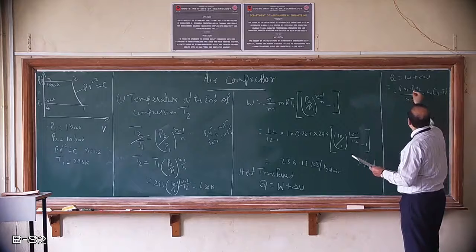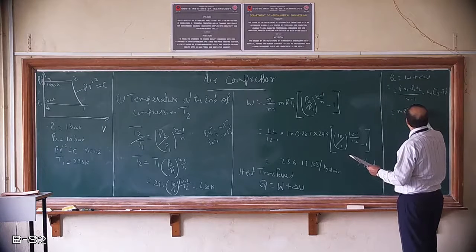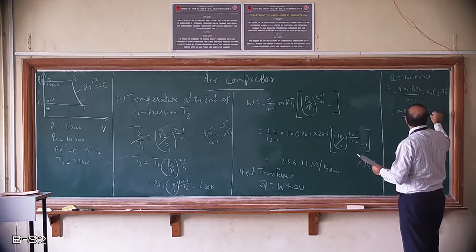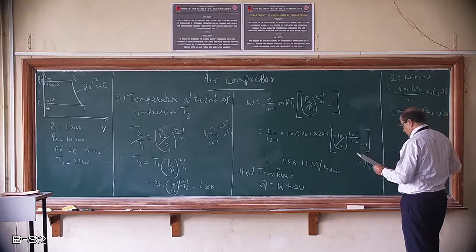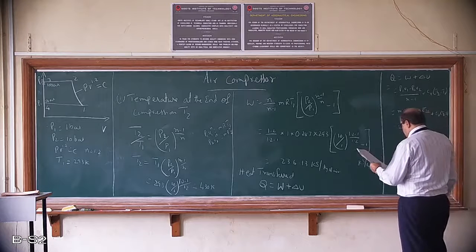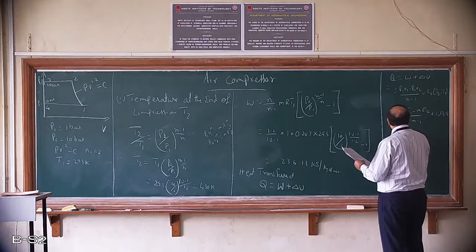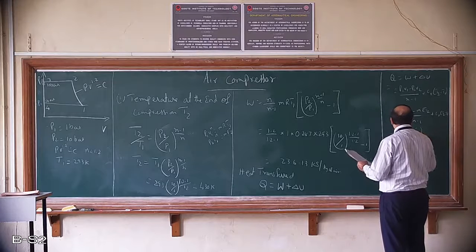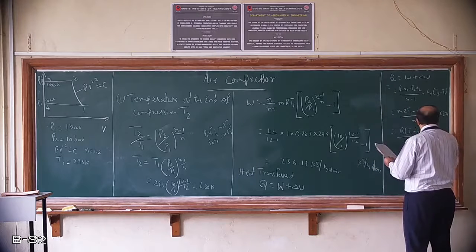Instead of P1V1 I can write it as mRT1 minus mRT2 by (n minus 1), plus Cv of (T2 minus T1). So I can write it as R into (T1 minus T2) by (n minus 1), since m is 1, plus Cv of (T2 minus T1).